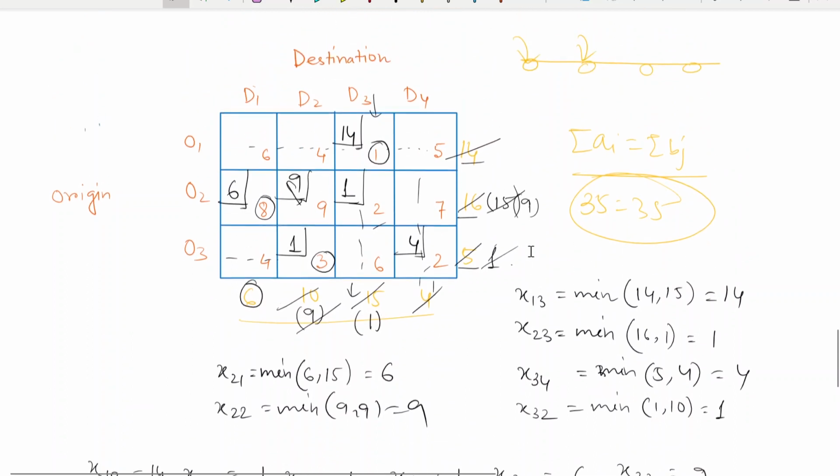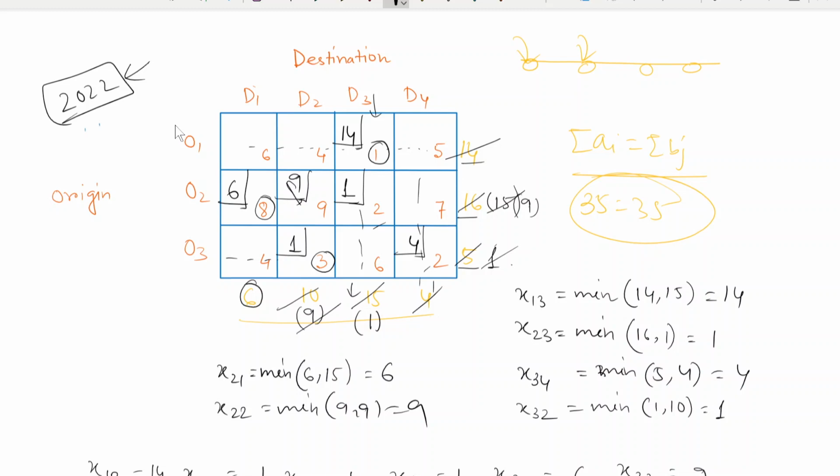This method is a very easy method, but these methods are very important because in the year 2022, I think, there was a question in GATE 2022 from the northwest corner method.